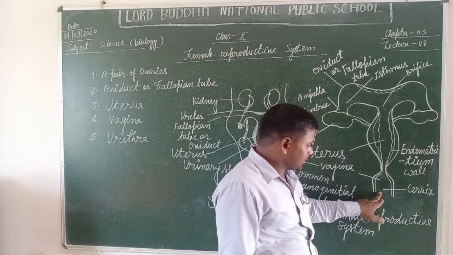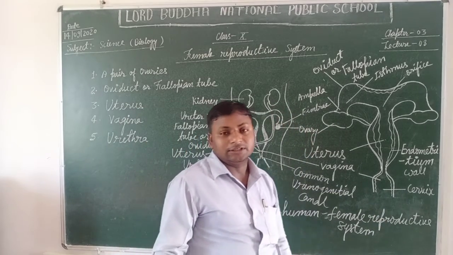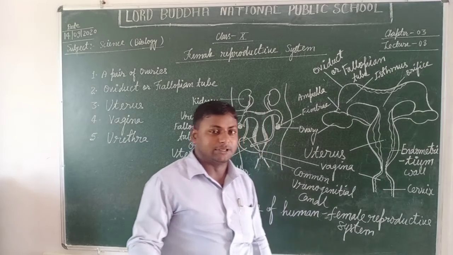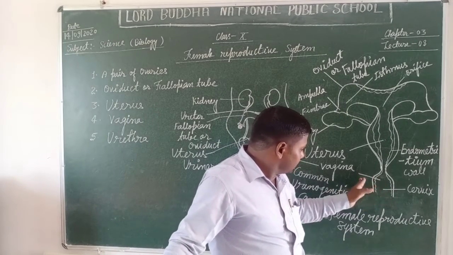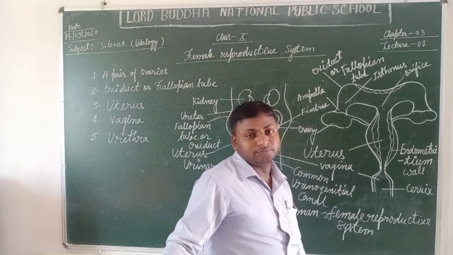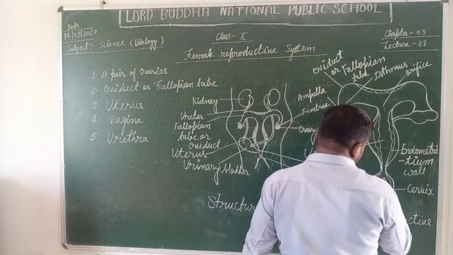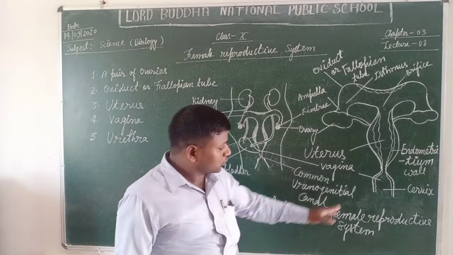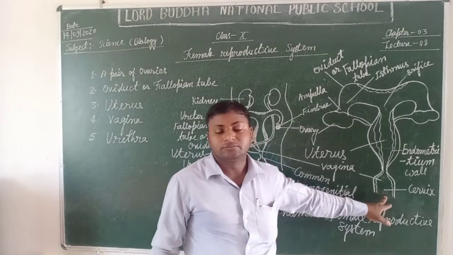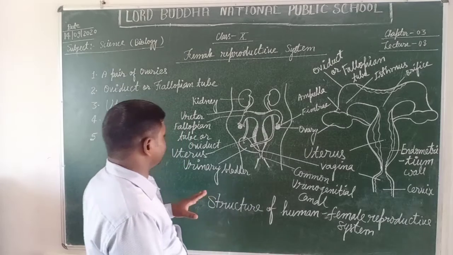These glands are bean-shaped and help in secretion of mucous substances that help in lubrication. This is also known as the birth canal, because through this the birth of the child takes place.